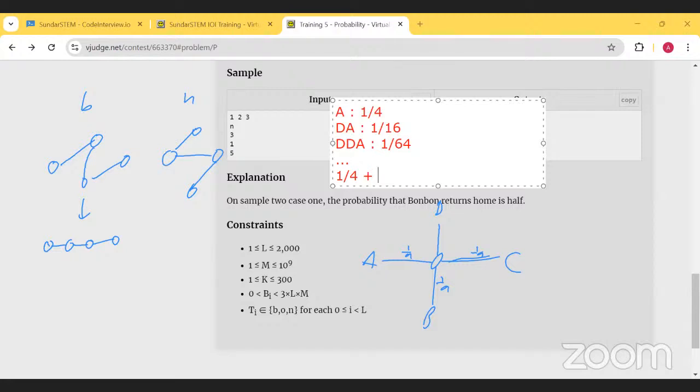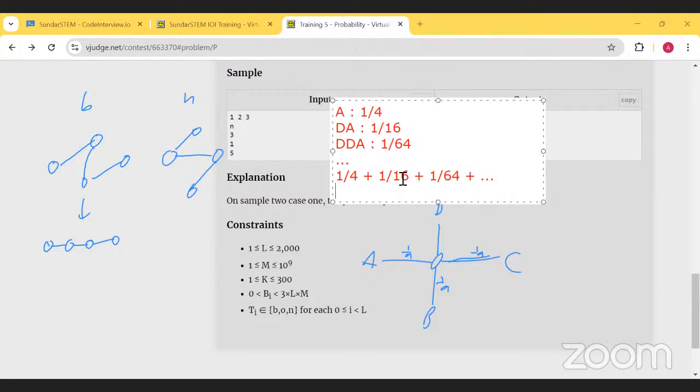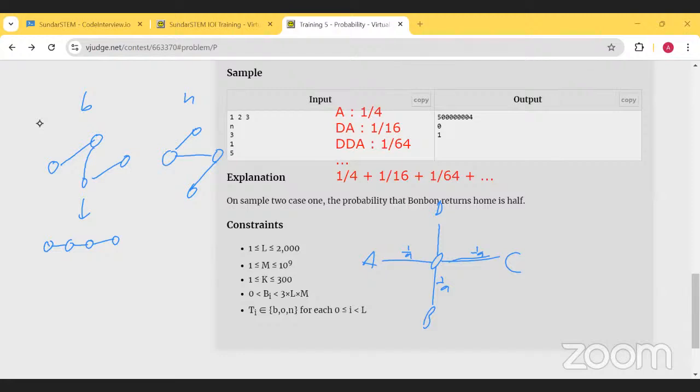So the actual probability will be 1 divided by 4 plus 1 divided by 16 plus 1 divided by 64 and so on. And then we can solve it using a geometric series. Then the result will be 1 divided by 4 divided by 1 minus 1 divided by 4, which is 1 divided by 4 divided by 3 divided by 4, then equal to 1 divided by 3. And the same way we will use for the rest of the nodes.